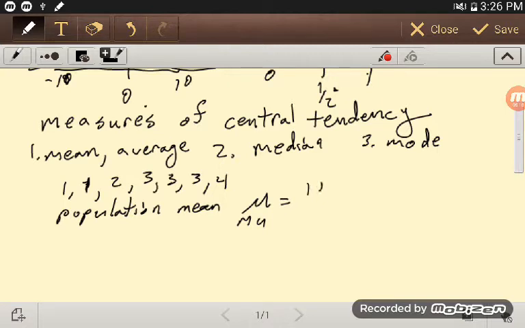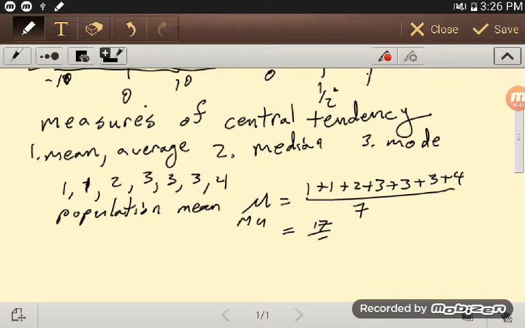I'll take 1 plus 1 plus 2 plus 3 plus 3 plus 3 plus 4. Divide that by my 7 for the total number there. If this were a population, then my population mean would be, let's see, 1, 2, 4, 7, 10, 17 over 7, whatever that is. So 2 and 3 sevenths. But I get 17 over 7.